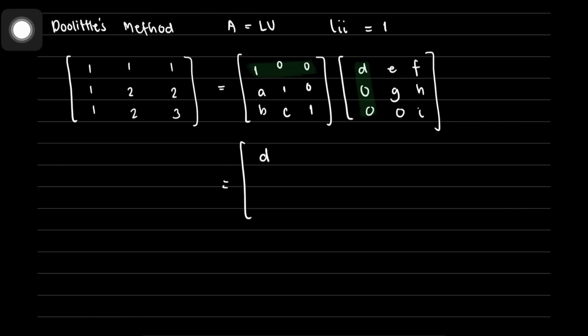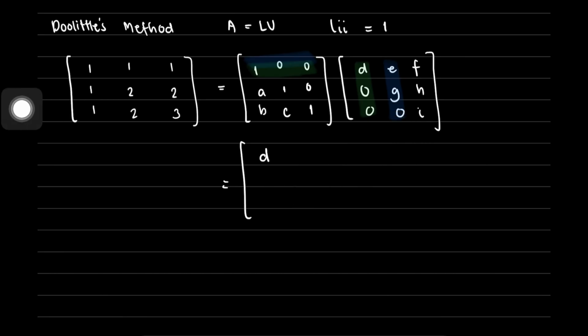For the second element of the resultant matrix, we multiply the first row with the second column. So we have 1 times E, which is equal to E, and then 0 times G, which is 0, and then 0 times 0, which is 0.